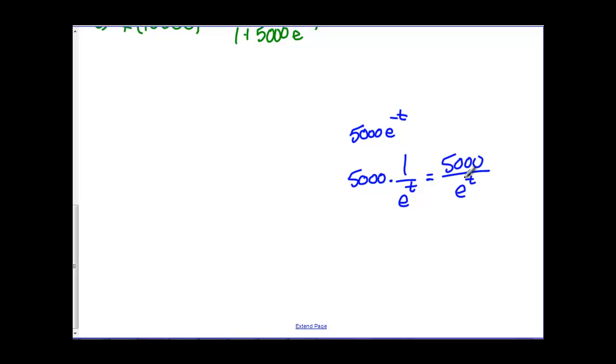Well, whenever t is kind of small, like 2, trying to quickly do e squared, it's giving us 7.4, so 5,000 divided by 7.4. Then if we cube it instead of squaring it, it's going to give us somewhere in the 50s. But the e to the t is going to grow exponentially. It's going to get huge, really quickly.